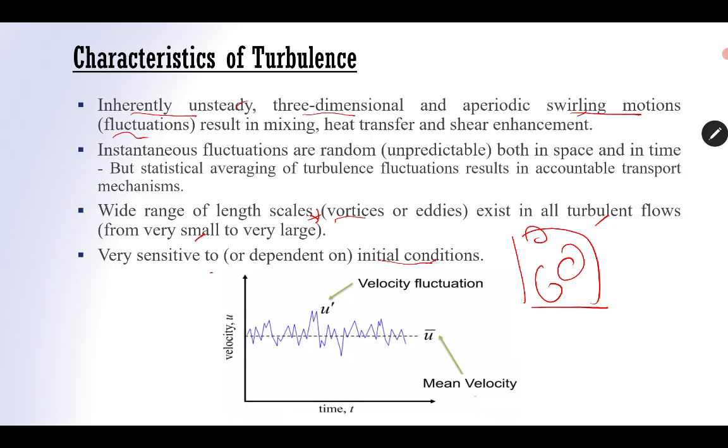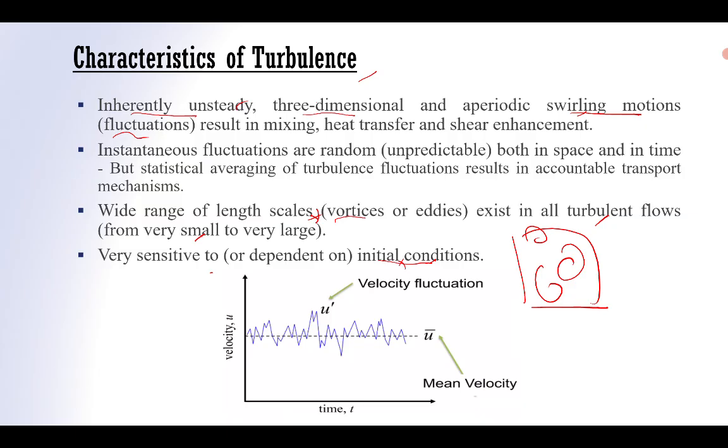That's why in our simulation we need to make sure we set the initial conditions properly so that the result is in good condition, because the turbulent characteristics are very sensitive to initial conditions. If we put in the initial conditions the wrong way or incorrectly, maybe we cannot get a good result in our simulation.